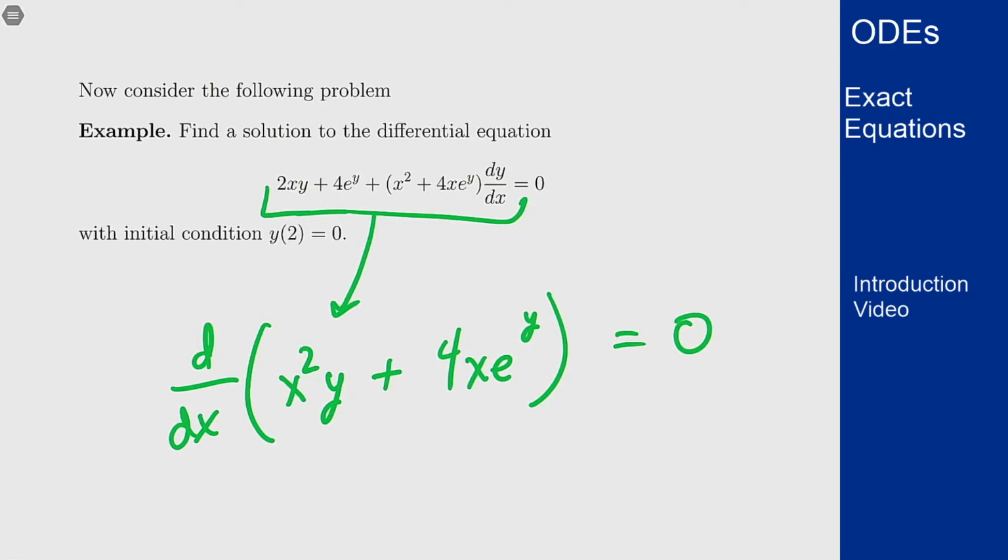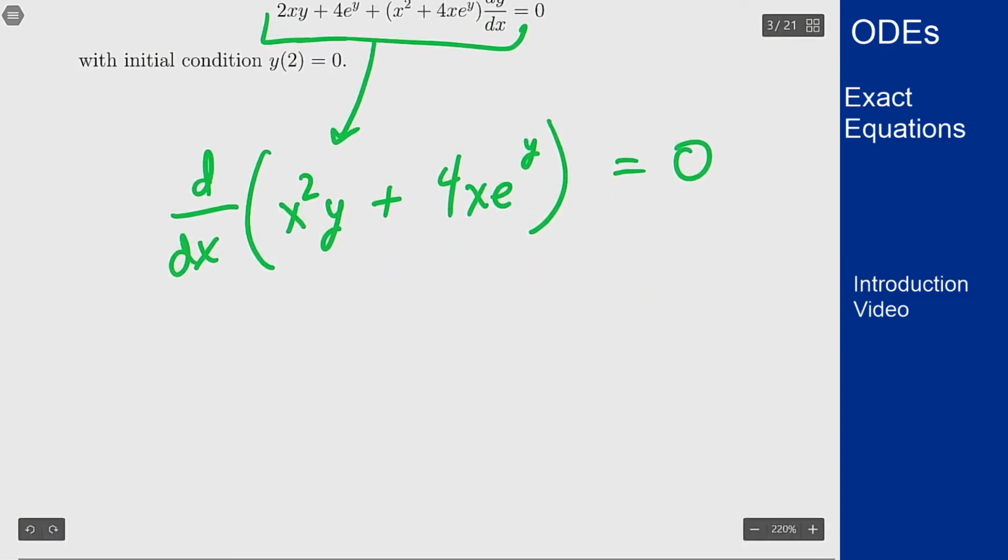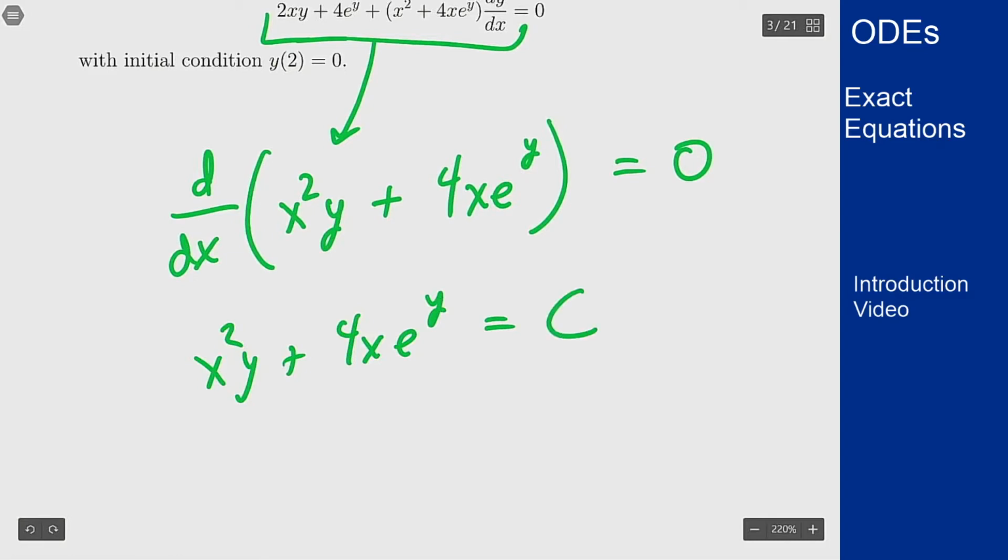So that means now we can integrate both sides of this equation to give us x squared y plus 4x e to the y equals some constant c. And I can find c from the initial condition by plugging in x being 2 and y being 0. This term will go away, and I'm left with 0 plus 4 times 2 times e to the 0 equals c, which means that c equals 8.